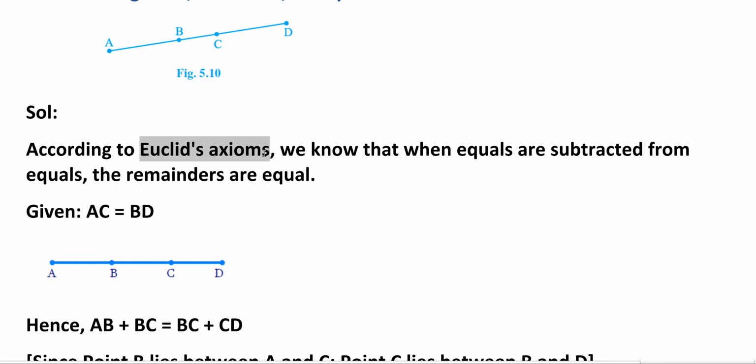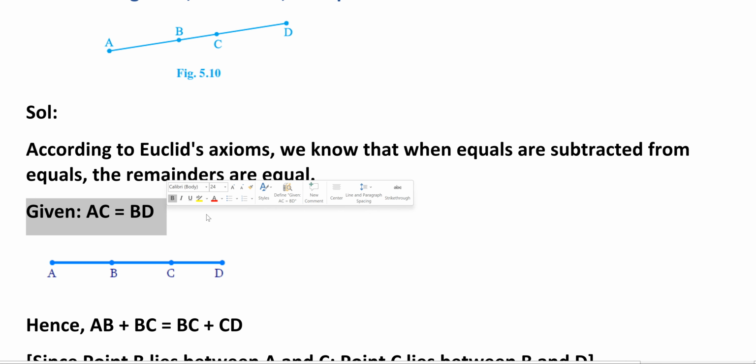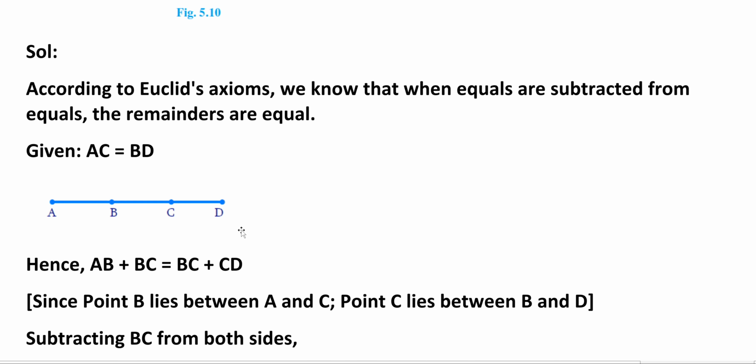According to Euclid's axioms, we know that when equals are subtracted from equals, the remainders are equal. Given AC is equal to BD. We can draw a line ABCD like that.